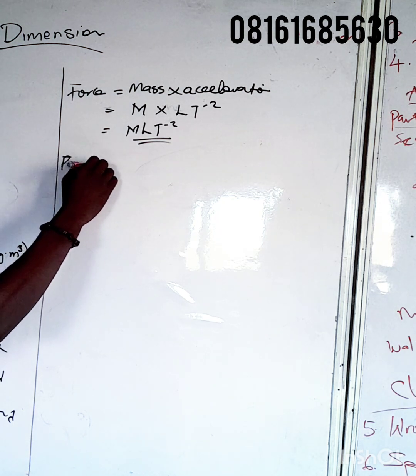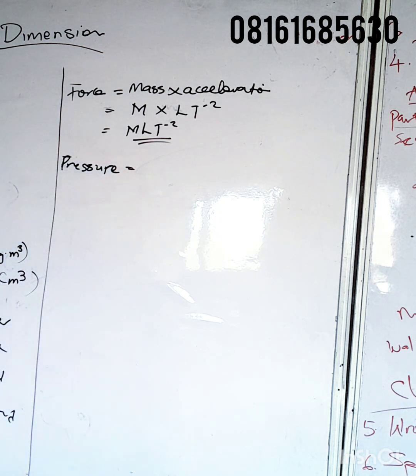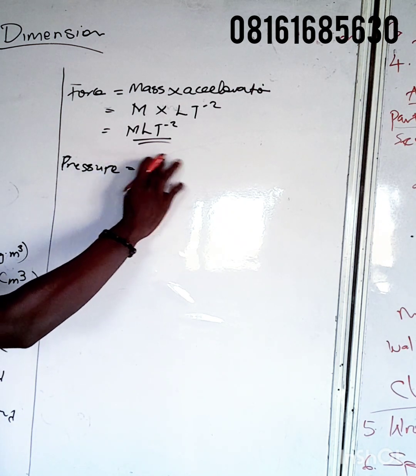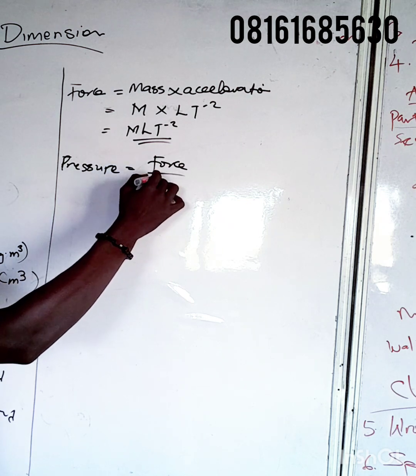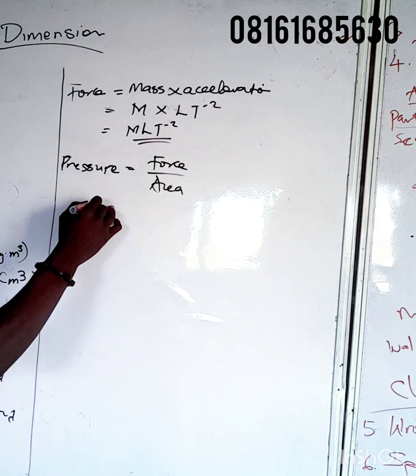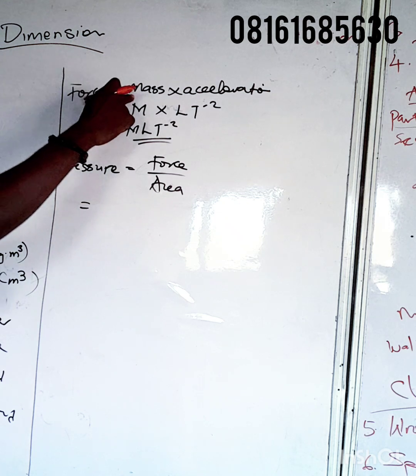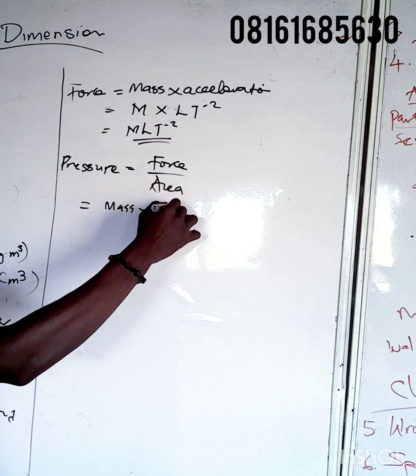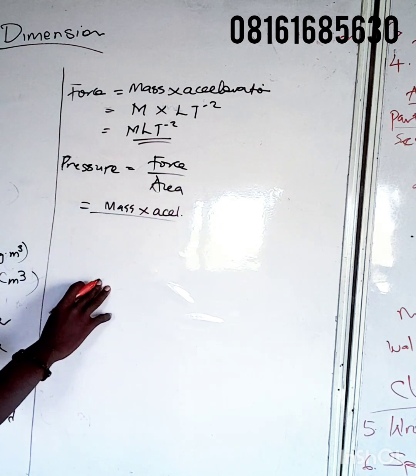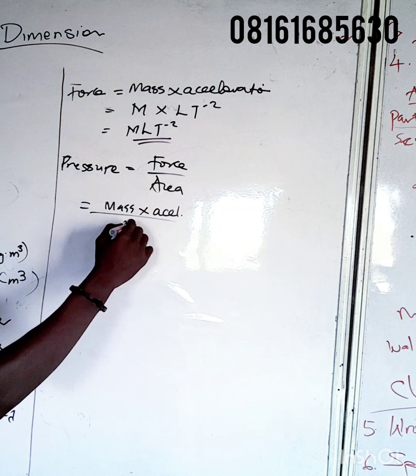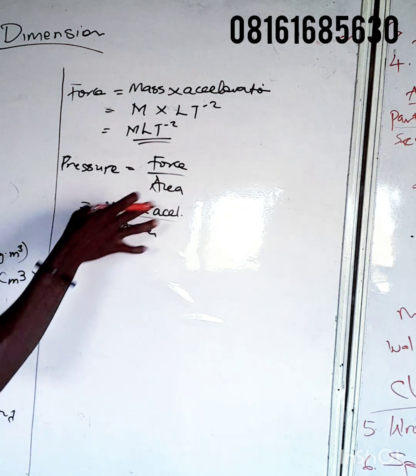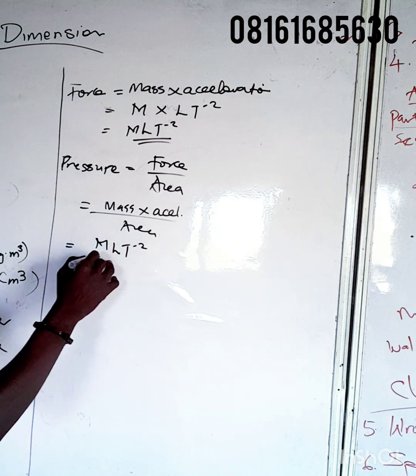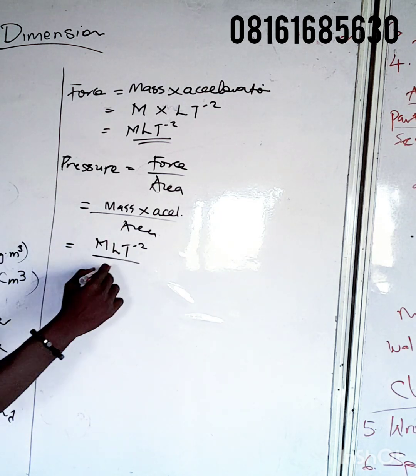If you are given pressure to work on, pressure is force over surface area. So force, which is already in this place, you have mass times acceleration over area, L squared. So that is ML per T squared over area, L squared.